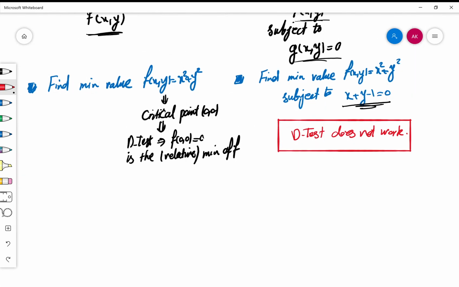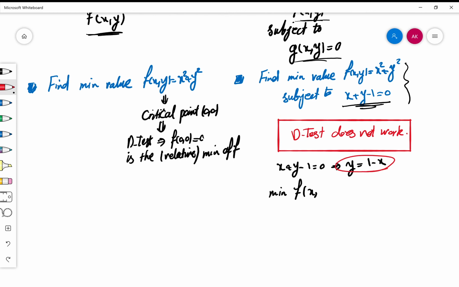But let me just, for completeness, try to solve this constraint optimization by an easy method. See that x plus y minus 1 equals 0 means that I can write y as 1 minus x. And basically our problem is to find the minimum of f at x, any x you like, but y needs to be given by this condition.